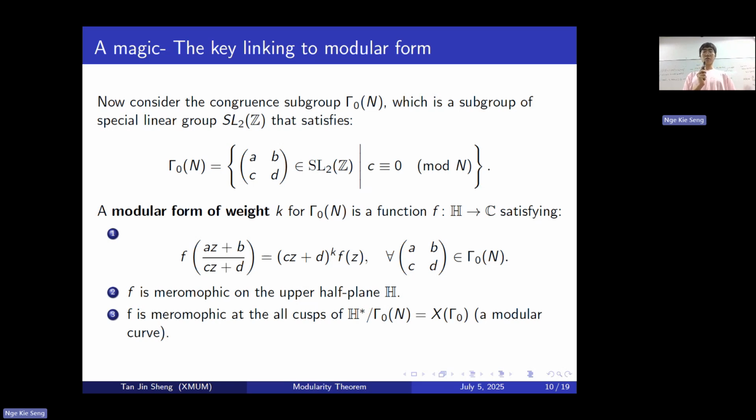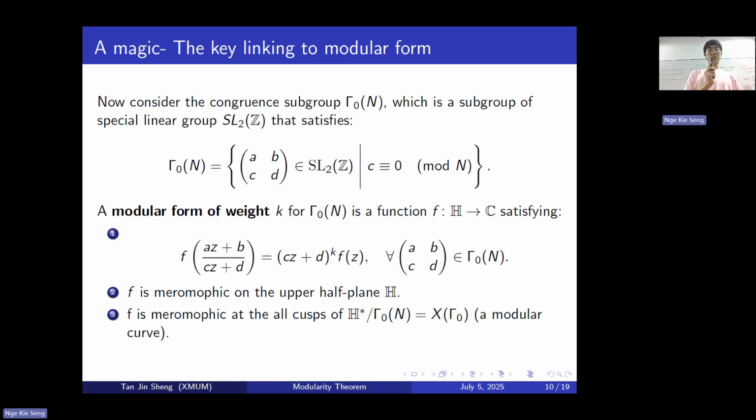So the theorem comes through a modular form of weight k for the congruence subgroup is a function f. F satisfies the modularity condition, and that is the first one. And second, it is meromorphic on the upper half plane.